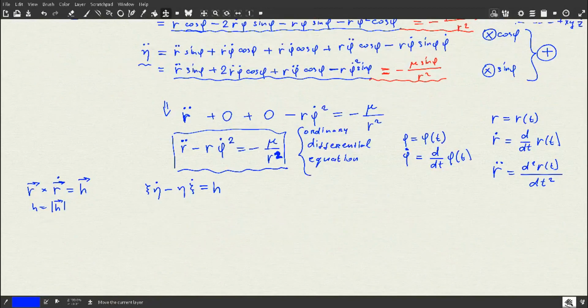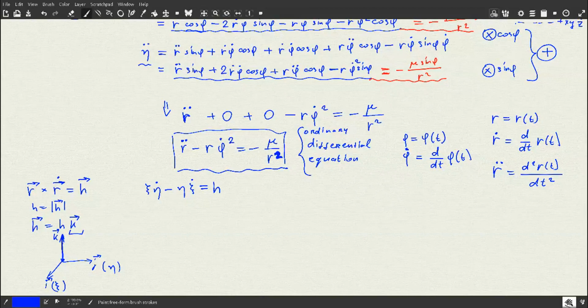We can say that the h vector is h times k, where k is the normal vector orthogonal to our vectors. We have i, j, and k. i is for our xi axis, j is for our eta axis, and for k we do not even introduce an axis because we don't need it. We only need xi and eta. We have a two-dimensional motion here.